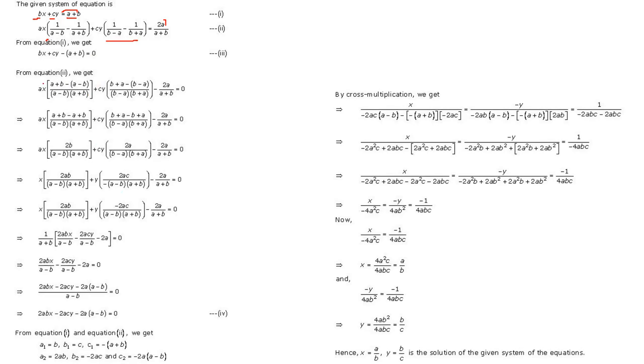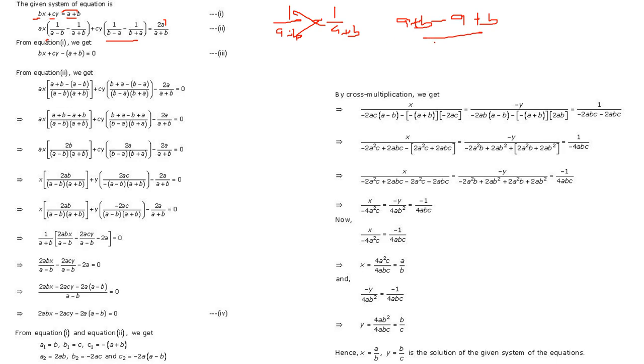Just you can resolve it if you want. This 1 by A minus B minus 1 by A plus B, like this. So multiply this A plus B here, minus A minus B, so it will be minus A plus B. This will be A plus B, A minus B, that is, you can just write it as A square minus B square if you want, but it is okay.